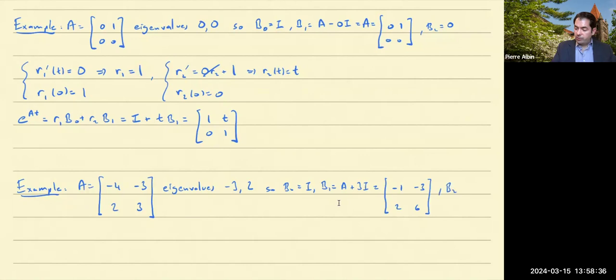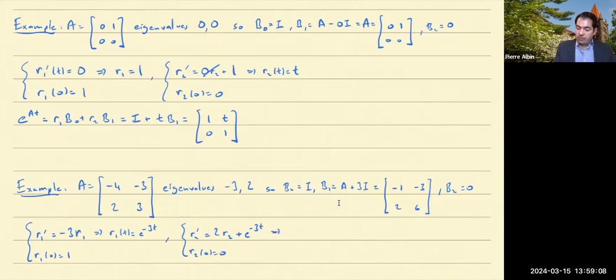And then B2 would be 0 by Cayley-Hamilton. Here R1 prime is equal to minus 3 R1 with initial condition equal to 1 at 0. So that means that R1 is e to the minus 3t. R2 satisfies that R2 prime is equal to 2 R2 plus e to the minus 3t, and R2 of 0 is 0.